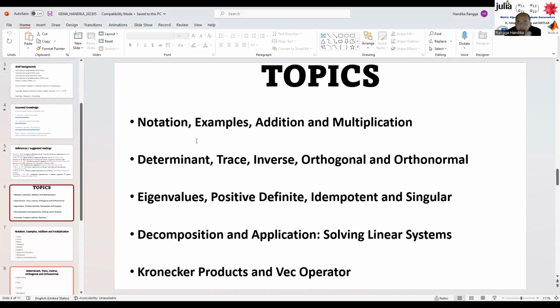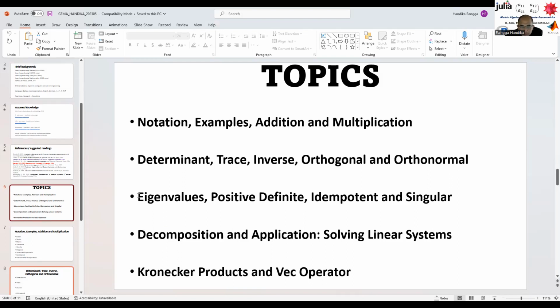The topic now is much more challenging than the brief matrix algebra in my previous video. The intended material is for graduate level econometrics. In the first part we will discuss notation, examples, addition and multiplication. The second is the determinant, trace, inverse, orthogonal and orthonormal matrices.